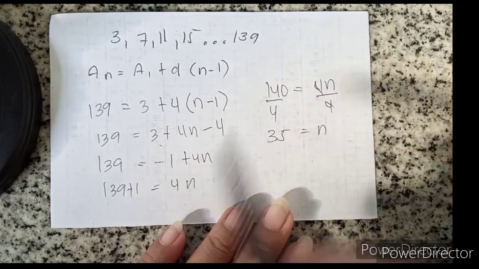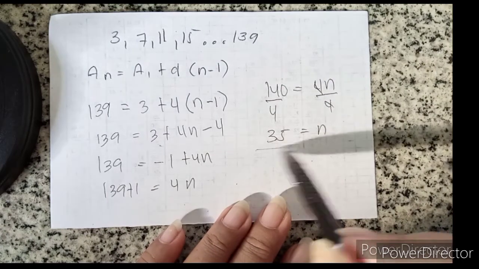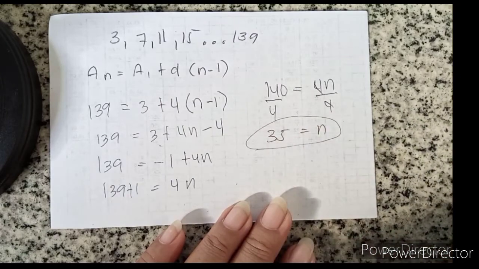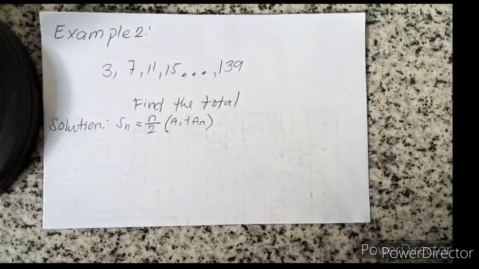So 139 is the 35th term. We're going to use this to find the total value of this sequence. Now we already know what term 139 is. So let's now solve for the total.